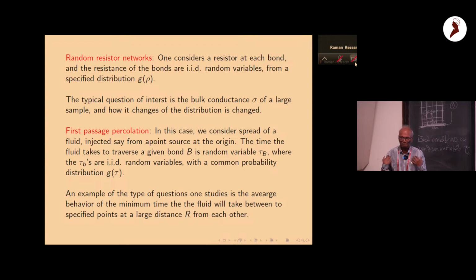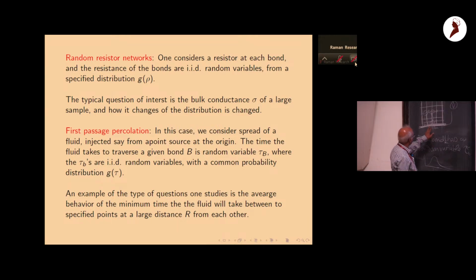And they are identically distributed, they have the same distribution which I give you. I said this is tau B, and this is the probability of tau B, some distribution. Okay? So given this distribution, can I tell how much time the fluid will take to go from one end to the other?